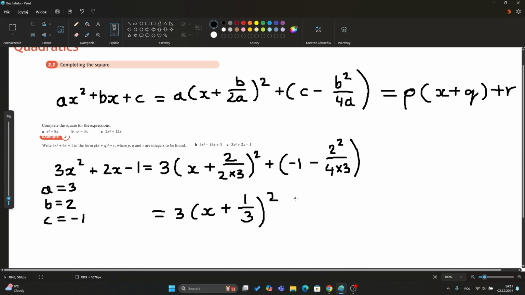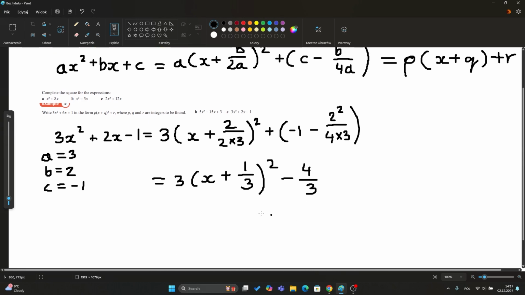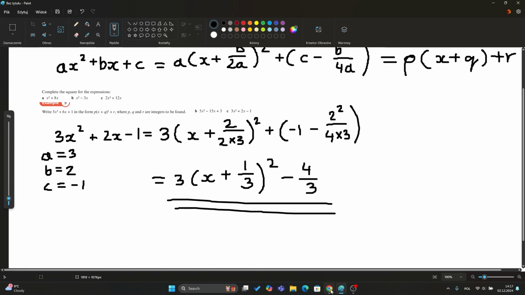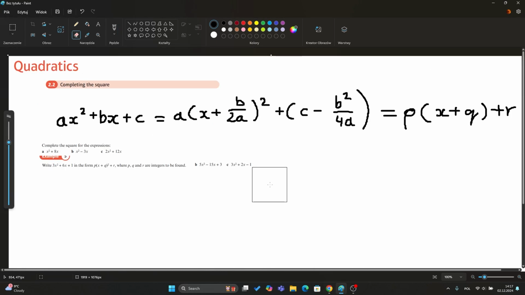And now we use the calculator for the following, so minus 1 minus 4 over 12 is minus 4 over 3. And this is the answer. So now you can do exercise 2c.